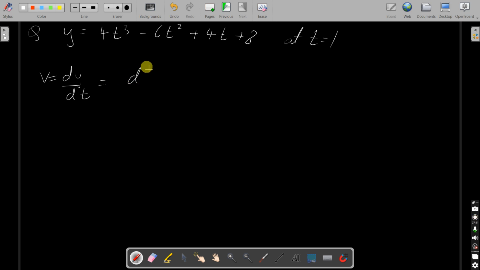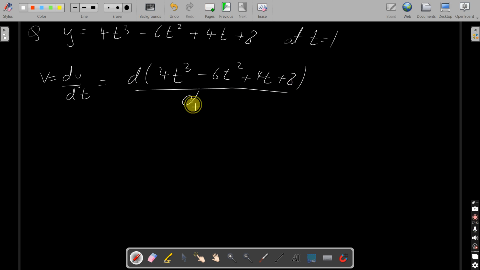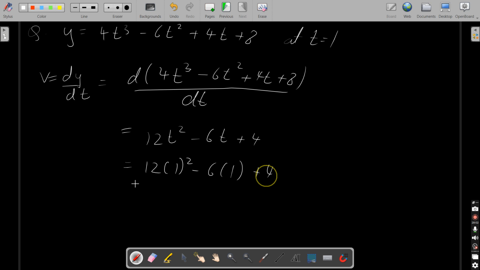So differentiation of 4t cubed minus 6t square plus 4t plus 8 upon dt. This will be 12t square minus 6t plus 4. The constant becomes 0. Now we are given t is equal to 1. So substitute t is equal to 1: 12 into 1 square minus 6 into 1 plus 4.